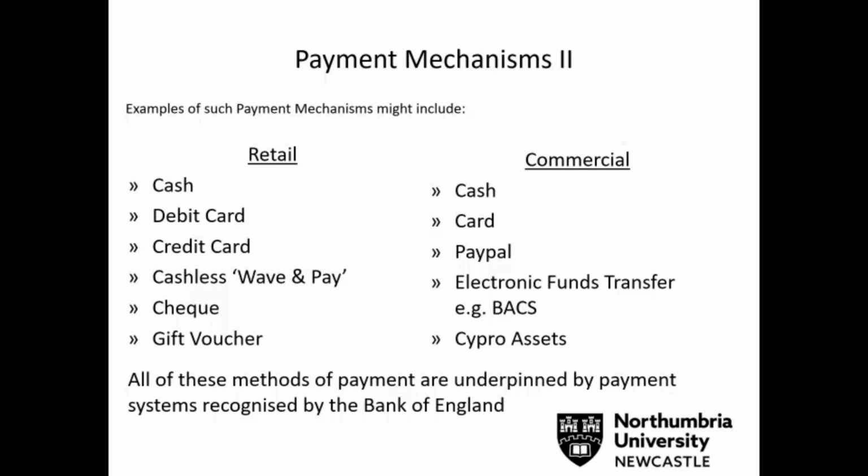Now, this is just a large number of examples of payment mechanisms. You'll be very familiar with cash, debit cards, credit cards, checks, which are getting phased out in the UK, even the likes of gift vouchers. But from a commercial point of view, you can see how payment mechanisms have started to change over the number of years. So electronic transfers, BACS, are becoming very popular, very common nowadays, but in the past they didn't used to be.